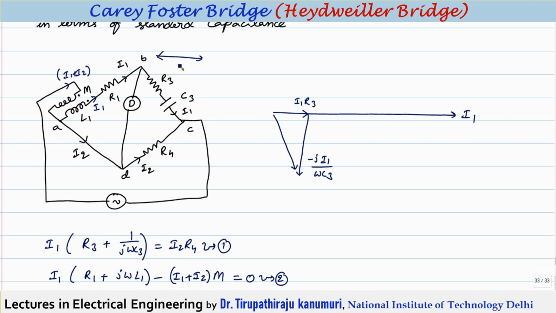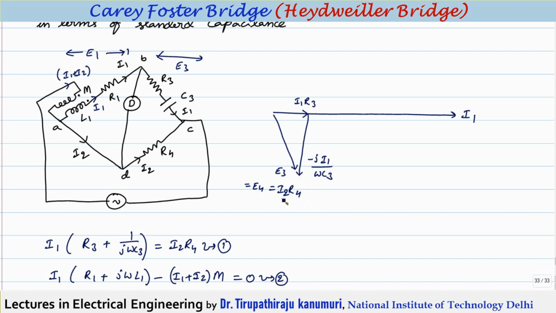Let us take it as E3, and this one I am taking as E1. E3 is nothing but equal to E4, and E4 is I2 multiplied by R4.